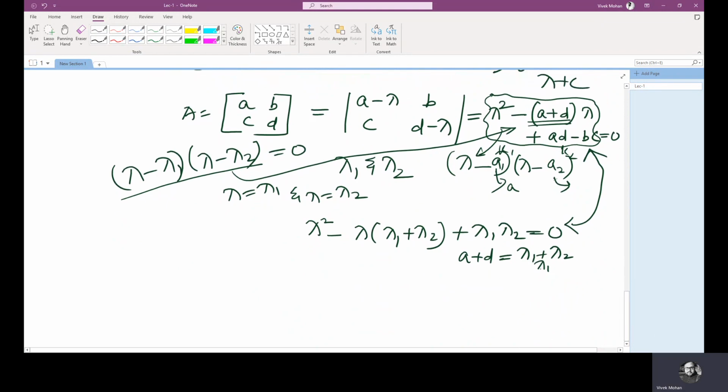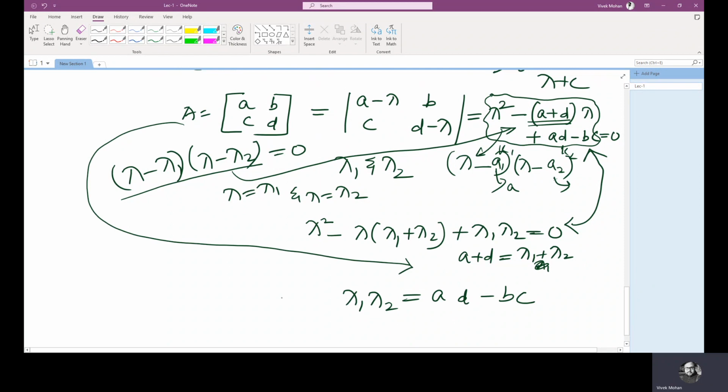Lambda 1 lambda 2 equals AD minus BC. So this is another interesting property, because from the matrix itself we are getting the sum of the eigenvalues and the product of the eigenvalues. Both we are getting from the matrix itself.